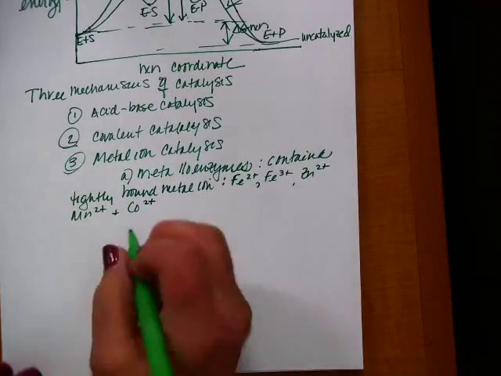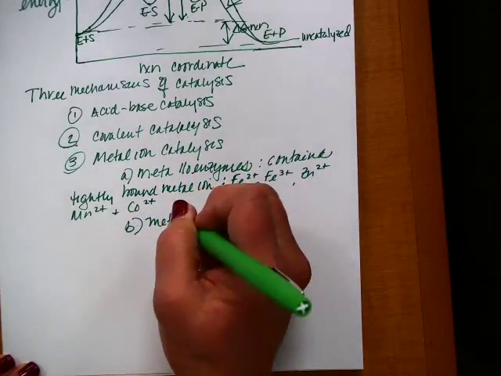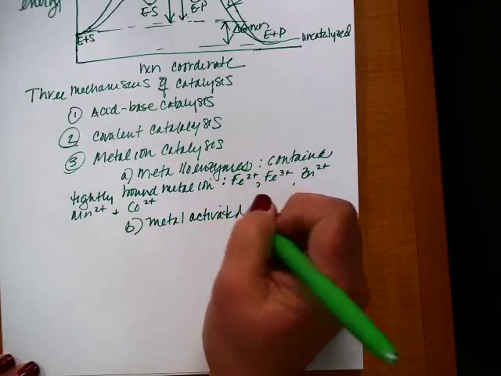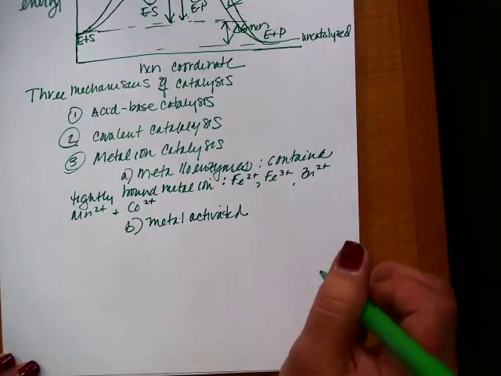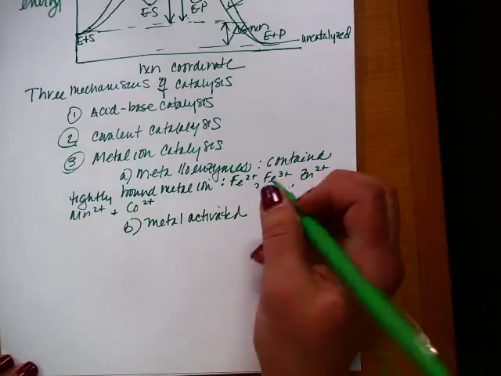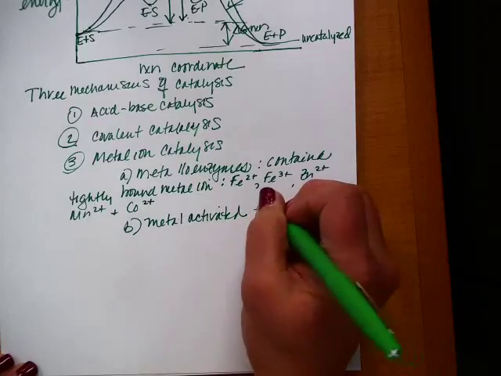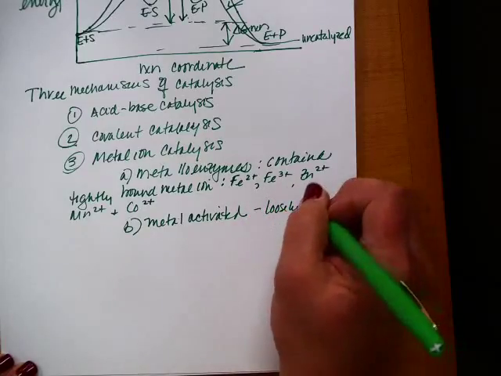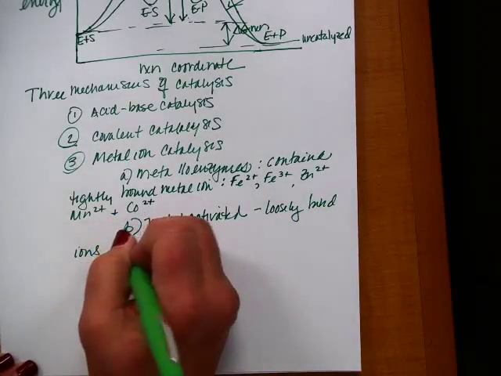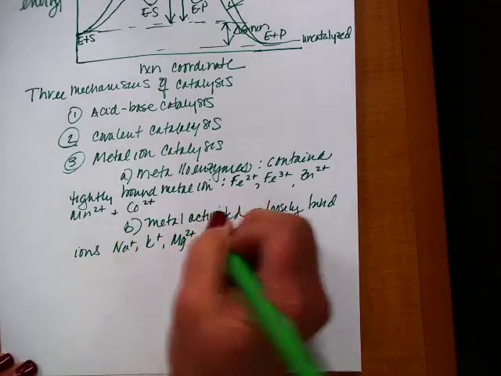And the other group are metal activated. In order to actually catalyze the reaction, they have to be activated by a metal ion. These just loosely bind ions like sodium, potassium, magnesium, or calcium.